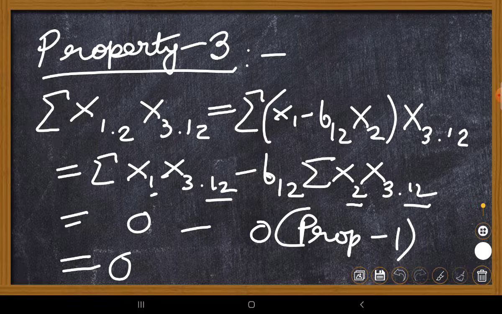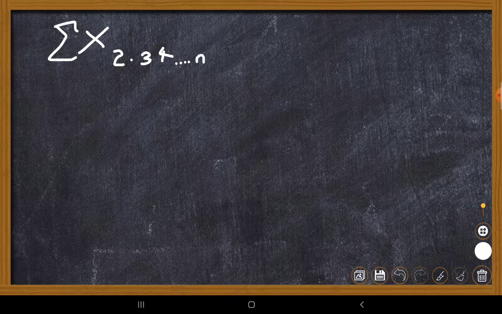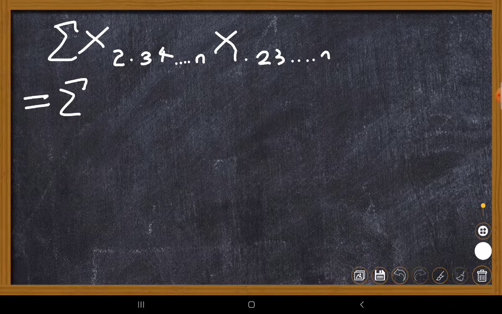Okay, I hope this is clear. You have to understand properly the first property of the residual, property number 1, and from that property you can prove property number 2 and property number 3. So again, suppose you want to find the sum of the product of these two residuals, summation x2.3 up to n into x1.23 up to n. You substitute only the first residual.